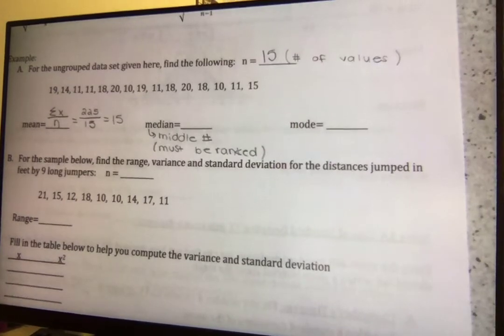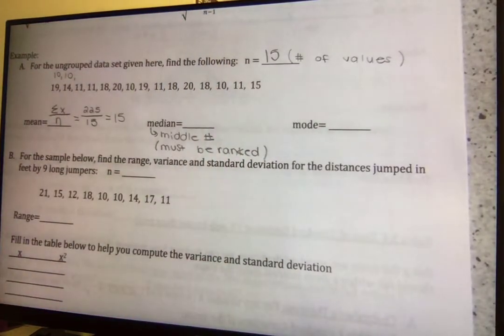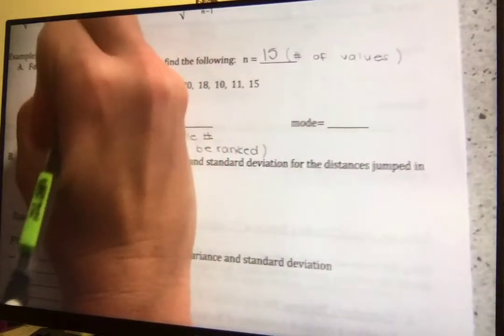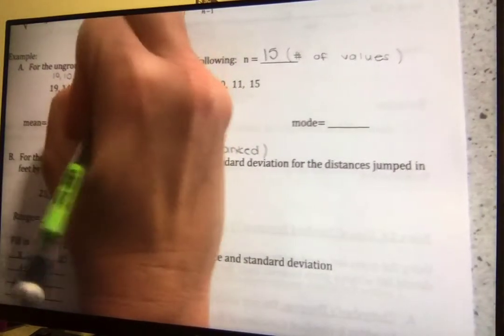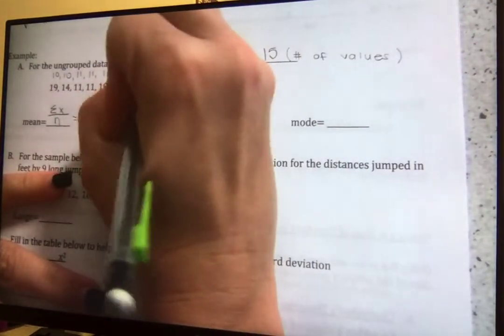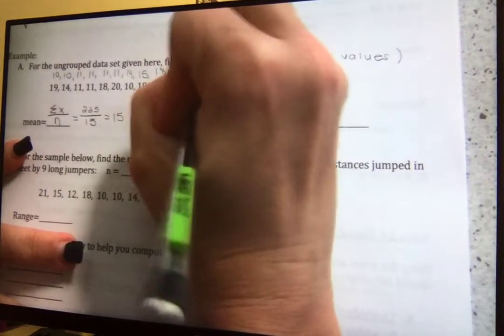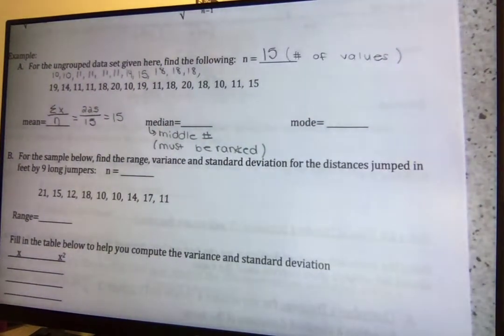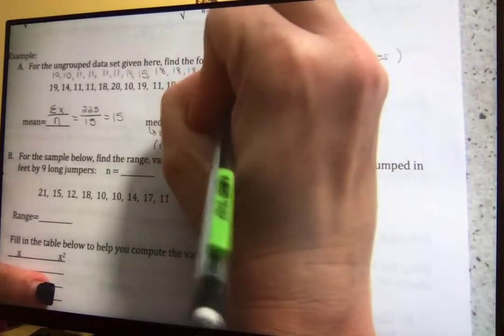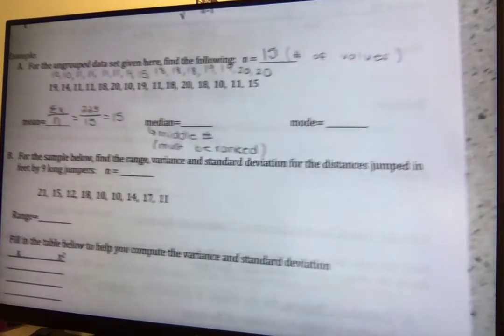I already did that. 10, 10, 1, 2, 3, 4 11s, 14, 15, 1, 2, 3 18s, 19, 19, and 20, 20. So we rank them in order from least to greatest.